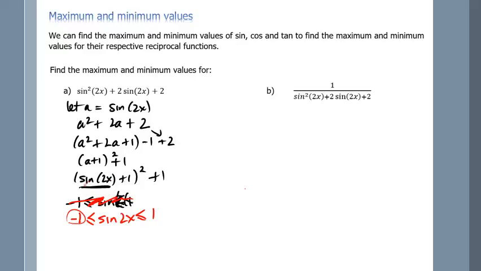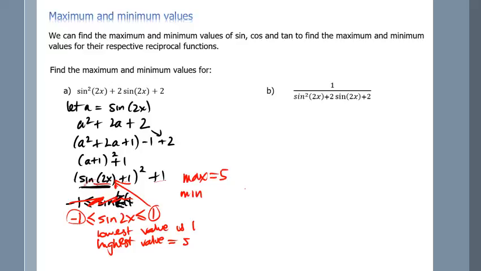So I'd say the lowest value is 1. If I was to put 1 into that equation, I would have 1 plus 1, which is 2, squared, which is 4, then plus 1 is 5. So our highest value is equal to 5. So our max is 5, and our min is 1.